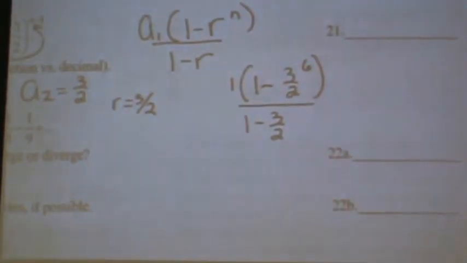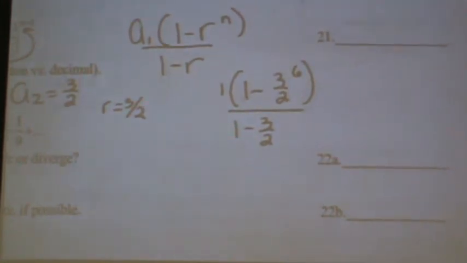So how do we type this in our calculator? On the TV is your calculator. So you're going to do 1 minus, and then I put in parentheses 3 divided by 2, raise that to the 6th power. I do not have to multiply that by 1 because it's itself. And then I'm going to divide this by 1 minus, and you could have done that in your head.